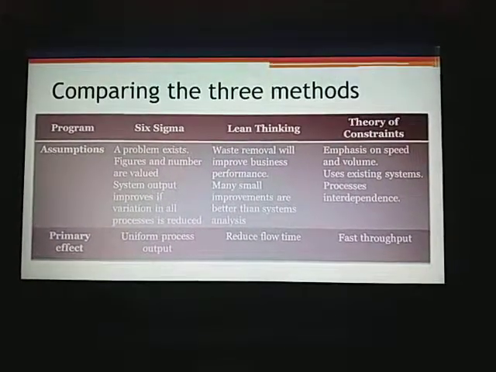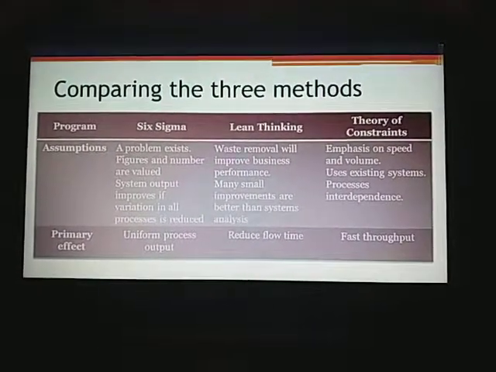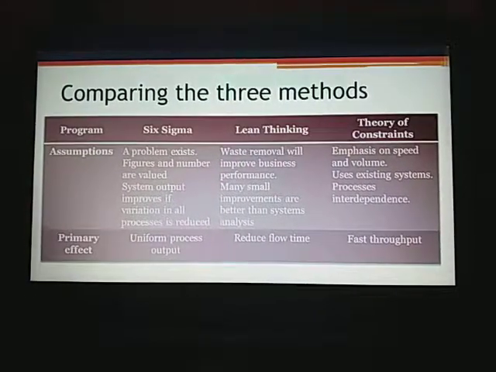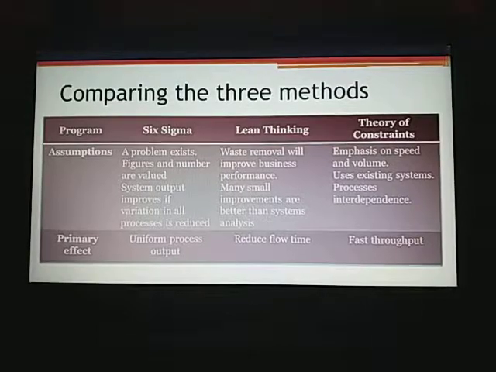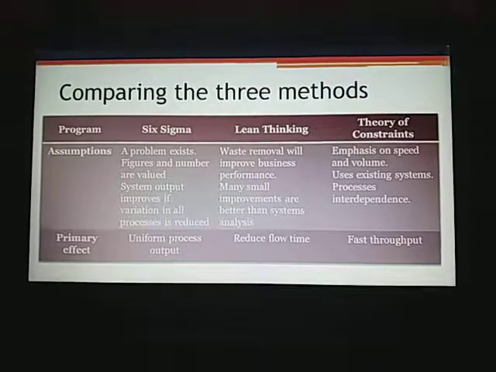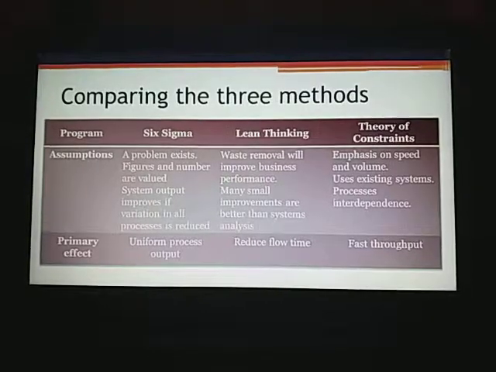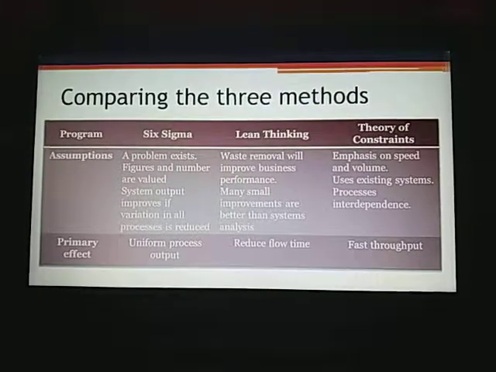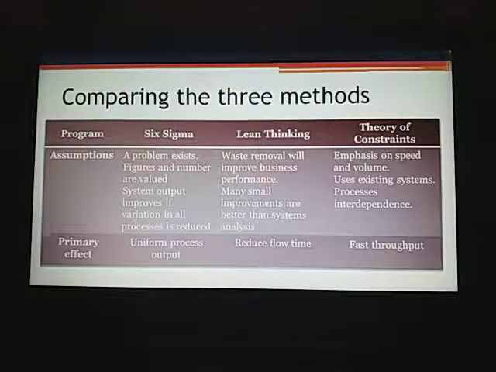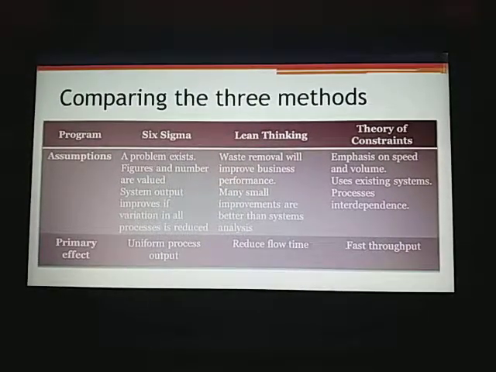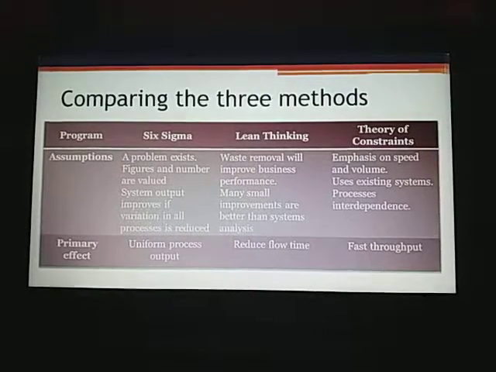Before, we saw that the assumptions are similarities in the three methods, but the primary effects are different. In Six Sigma, we have a primary effect, uniform process output. In lean thinking, the primary effect is reduced flow time.